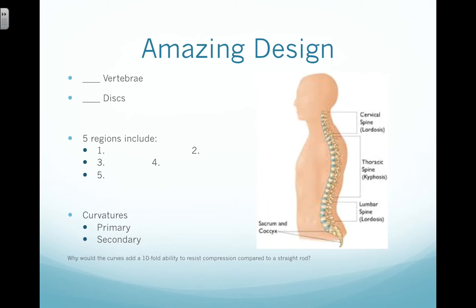We can understand too that it's really made to take a significant amount of force. Kapandji just looked at the difference between our spinal column and the way in which the curves are compared to a straight rod, and with the curvatures we're able to take a tenfold type of axial compression versus a straight rod. Pretty amazing, don't you think?